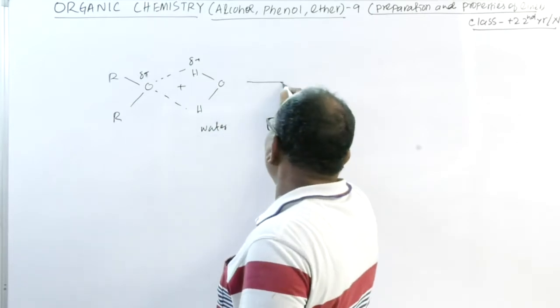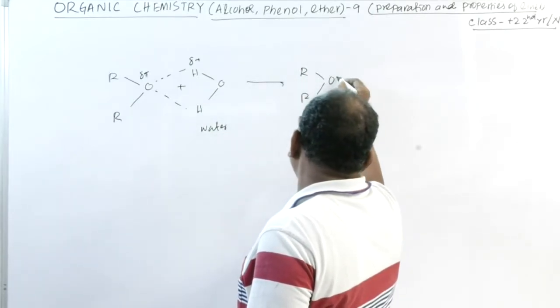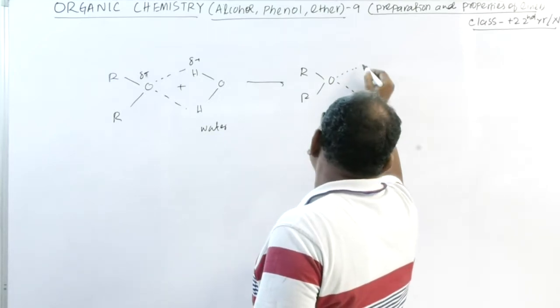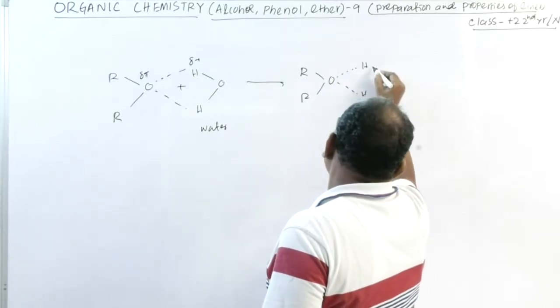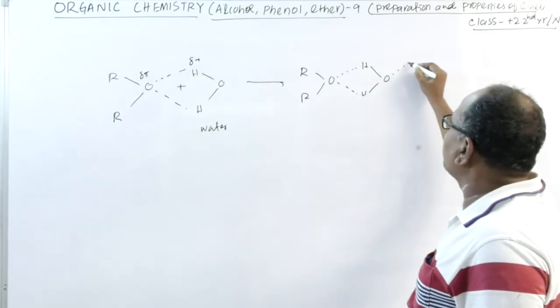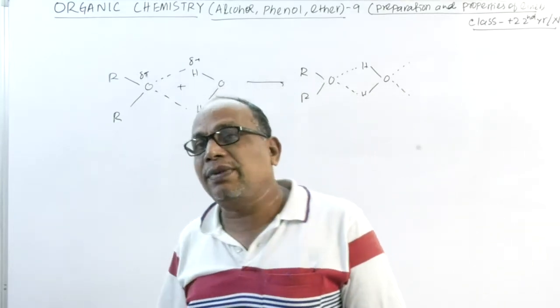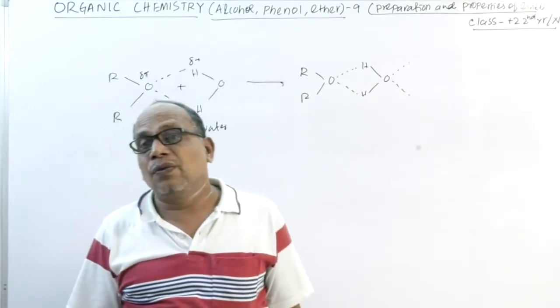So it forms like this: R, O, H, O, and this way it will continue. This is our hydrogen bond. That's why ethers are soluble in water.